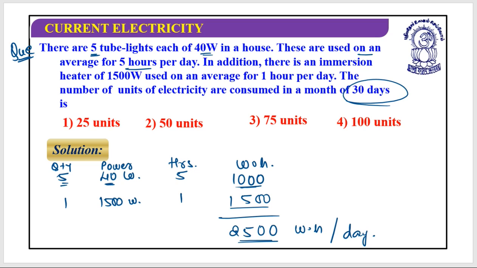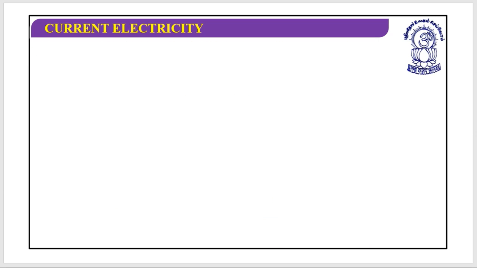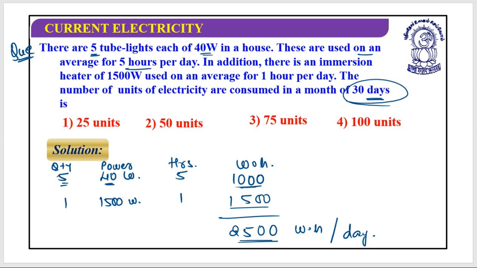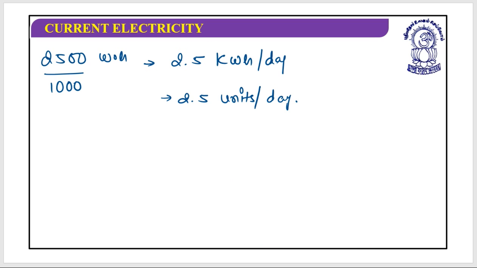This is the consumption of watt hour per day. Let's divide it by 1000. So it will give me 2.5 kilowatt hour per day, or I can say 2.5 units per day. We have a month of 30 days.